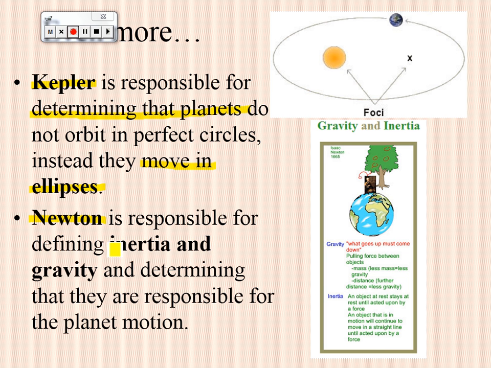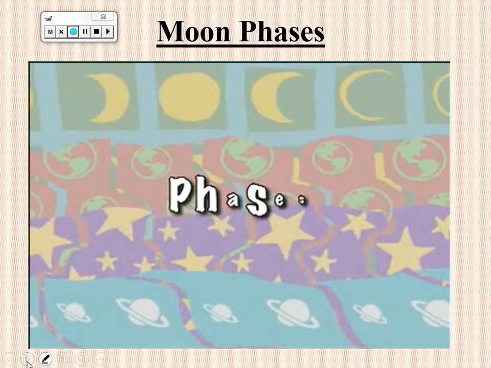And so he uses the idea of inertia. That's why planets just keep moving. Nothing's big enough to stop them. And the gravity of the sun keeps them in their specific orbit. Okay, so he says that inertia and gravity are responsible for how the planets move. We'll watch that in class.